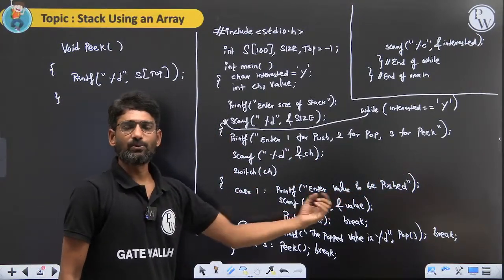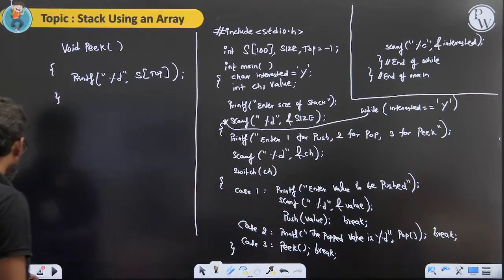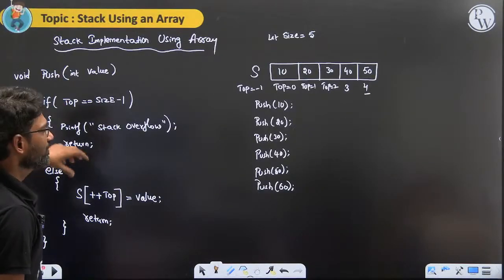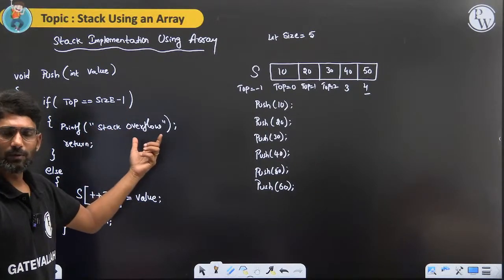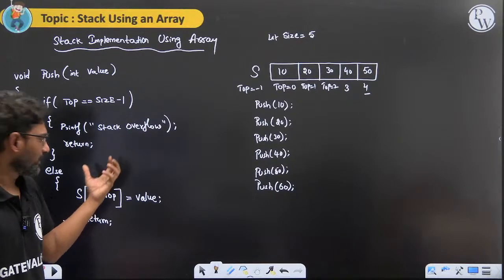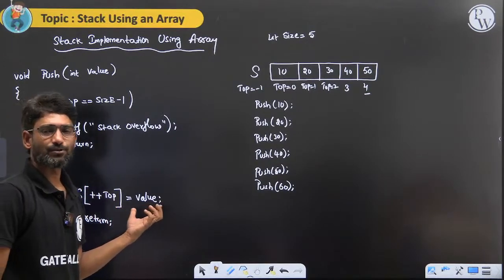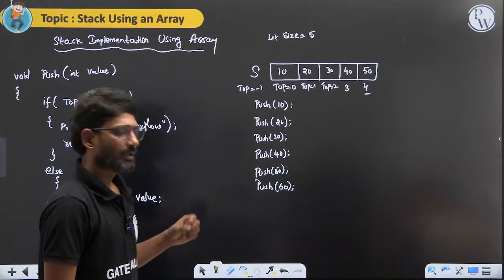Enter the value 10. Now push function is called. So this is push function. If top is equal to 4, stack overflow. Top is not 4. Top was just -1. S of ++top, S of 0 will be 10. Right.